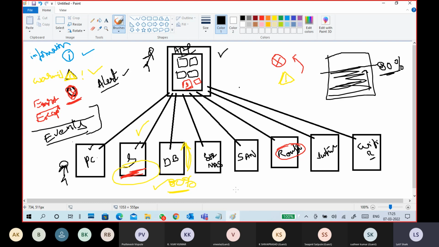So the whole focus is: understand the central monitoring system, monitoring applications, and then event and alert. Now, if something has happened, how do we react? For example, here I have written server is down in a red mark. How do we get notified that something has happened?